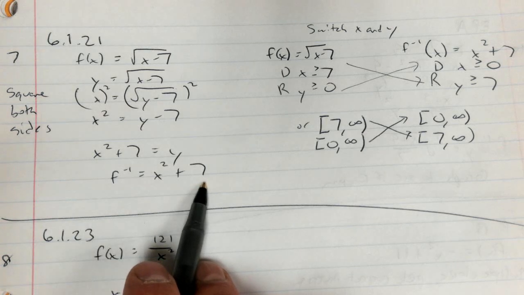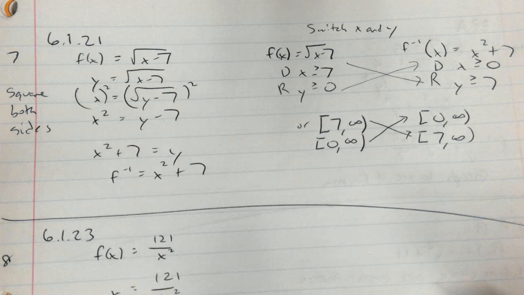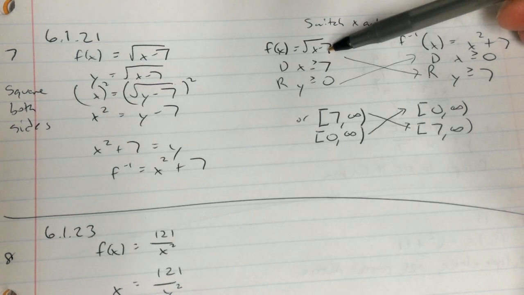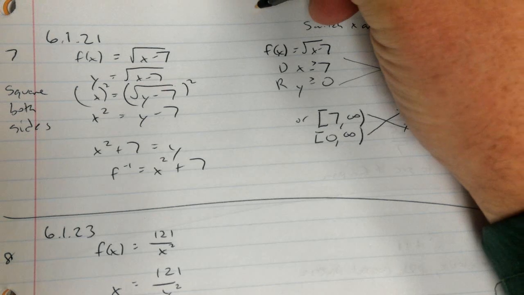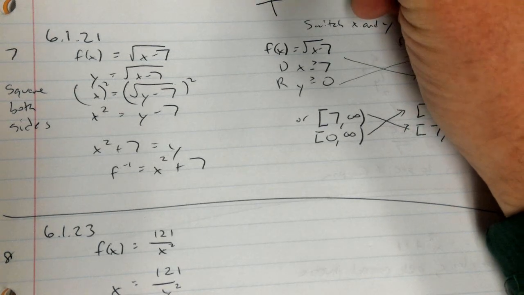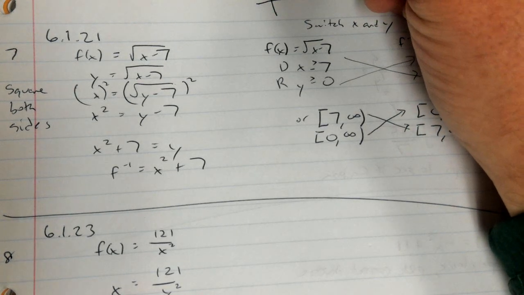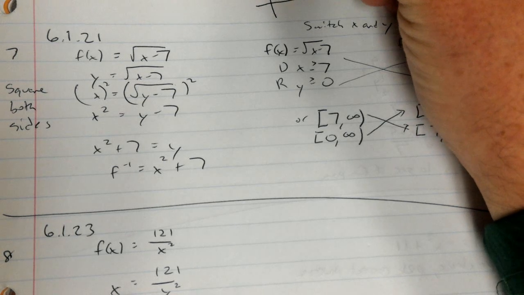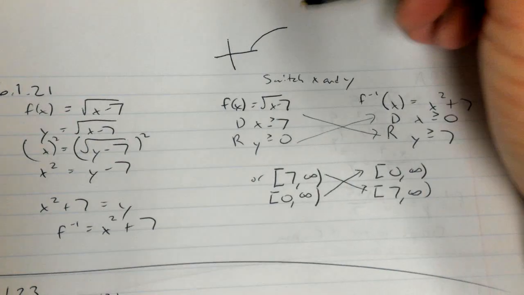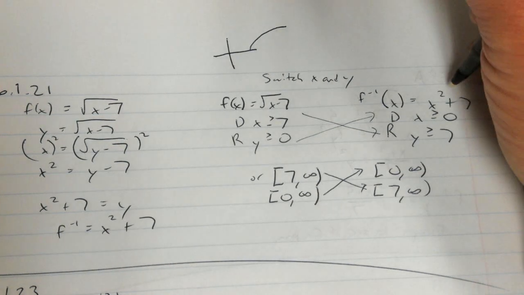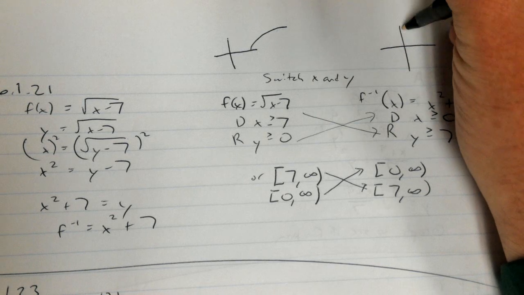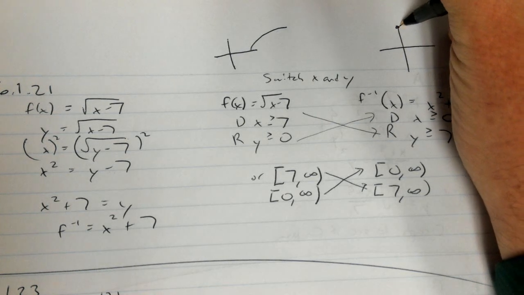Now, you also need to talk about the domain, or answer things related to the domain and range. And so on your original, if you were to graph this, it would be x greater than or equal to 7, because the graph would basically be like this. And on your x squared plus 7, that would be a parabola that opens at 7, and you just want the right side there.